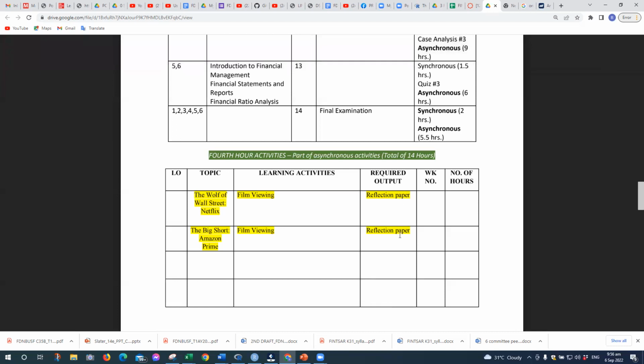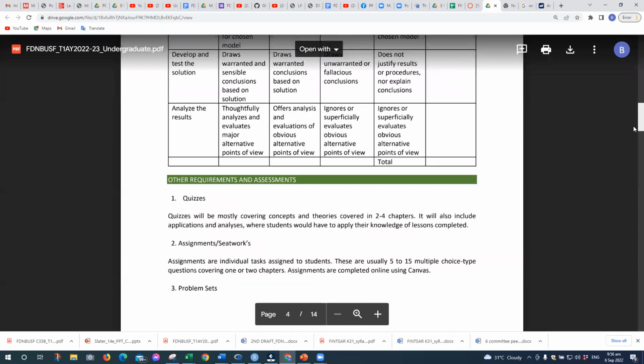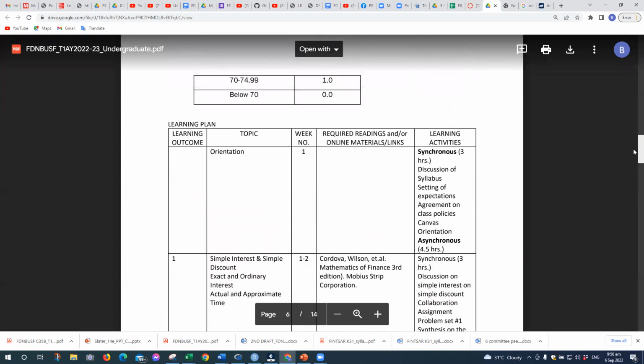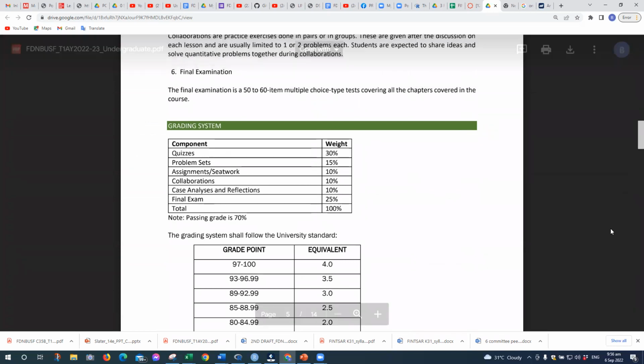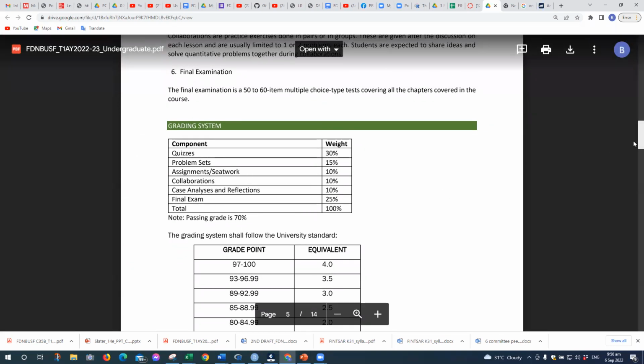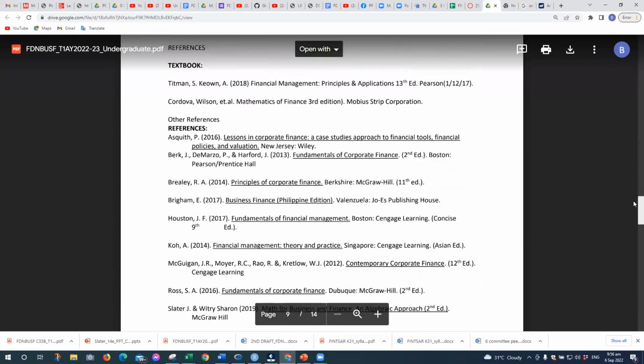So that we can share it with the class, because this will be part of your reflection paper. If you look at the grading system, our reflection paper contributes how many percent? Here, 10%. But I will have to finalize this because there's a project at the end, so we will have to tweak that a bit.